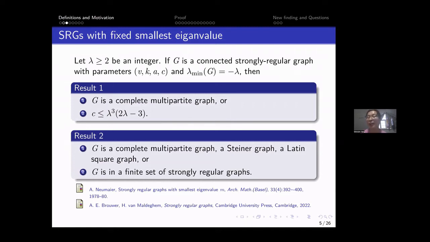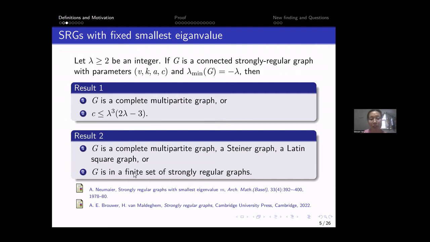If G is a connected strongly regular graph with parameters (v, k, a, c) and its smallest eigenvalue is minus lambda, then G is either a completely multipartite graph, or the parameter c is bounded by lambda. Also, there is another result saying that G is a completely multipartite graph, a Steiner graph, a Latin square graph, or G is in a finite set.